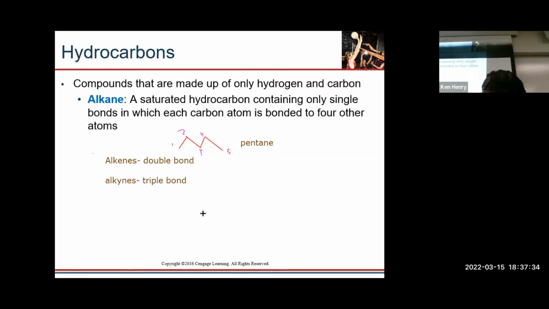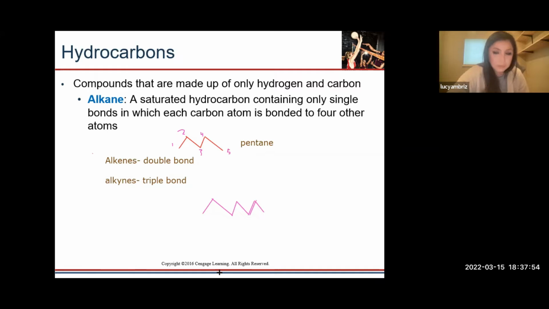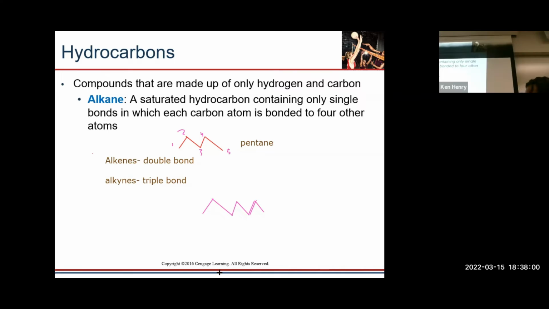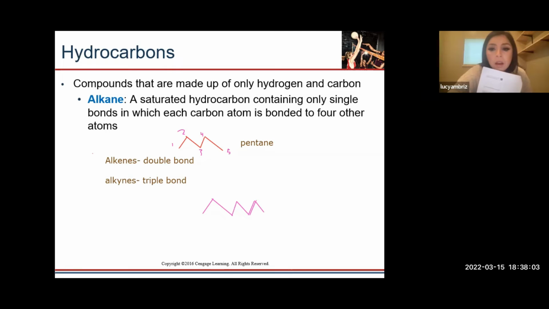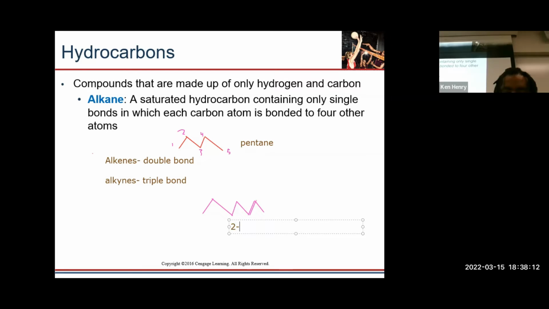So what if I had something like this? It would be heptene, and then you have a double bond at the 2, so it'd be 2-heptene.